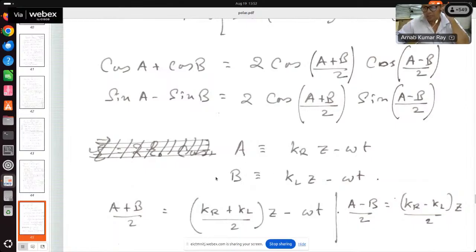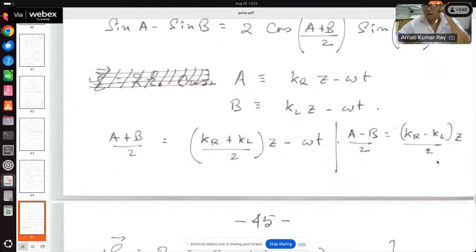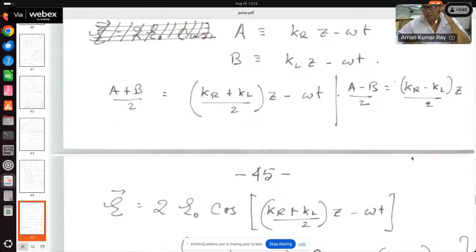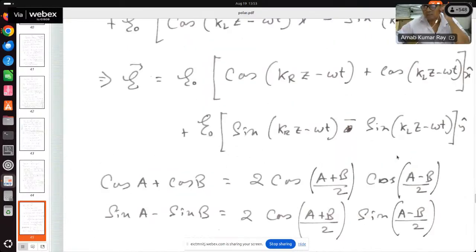A plus B by 2 gives you (KR plus KL) into Z by 2 minus omega t by 2 times 2, so the 2 will cancel and you'll have minus omega t. What about A minus B? A minus B will cancel the omega t's, and A minus B by 2 will give you (KR minus KL) by 2 into Z.